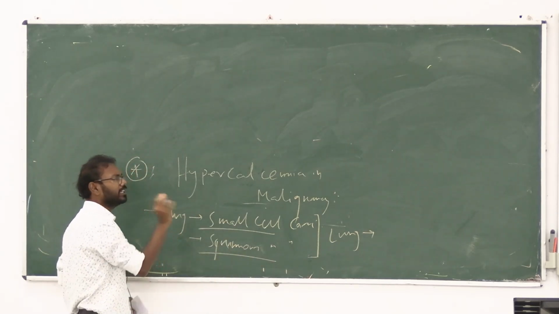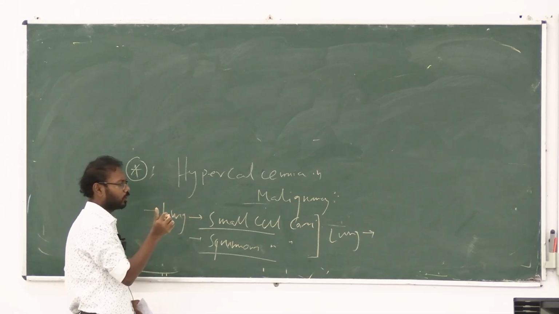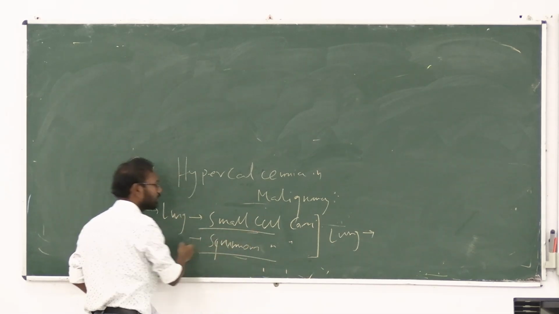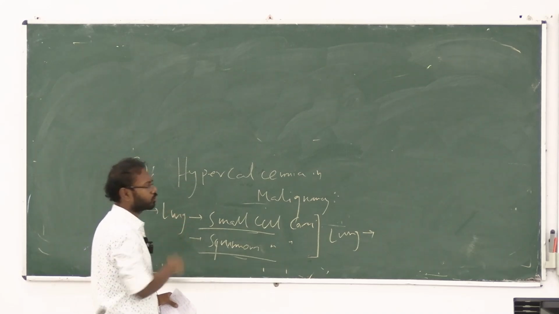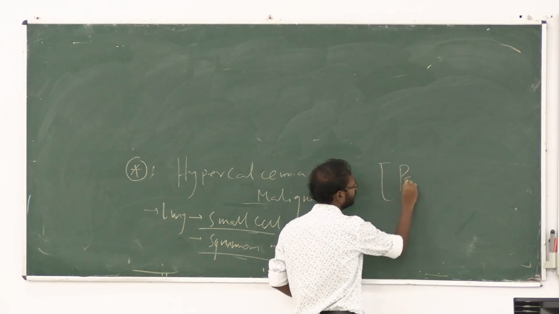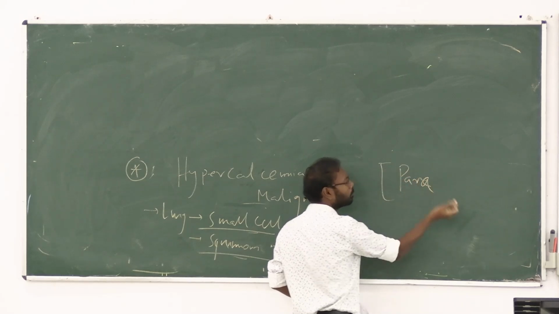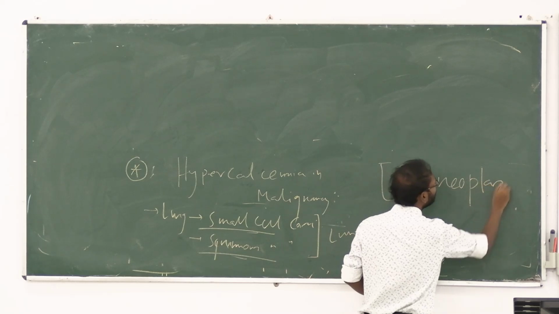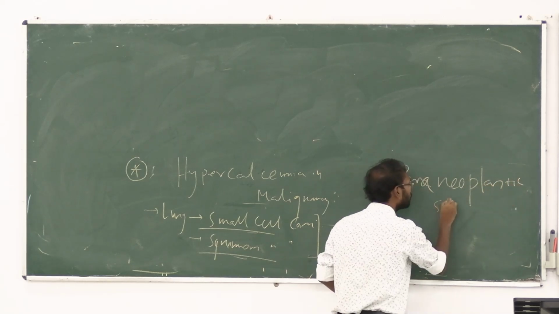So there is new cell formation, new type of cell formation. So these new types of cells are small cell or squamous cell. That's why these things are also called paraneoplastic. Write paraneoplastic, new cell generation. Now, what comes is paraneoplastic syndrome.